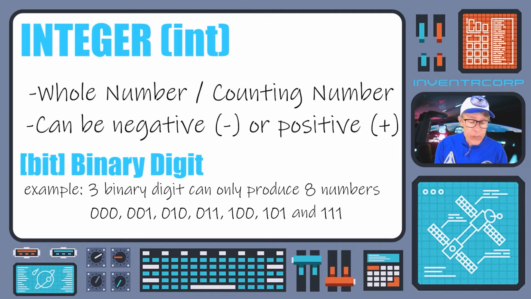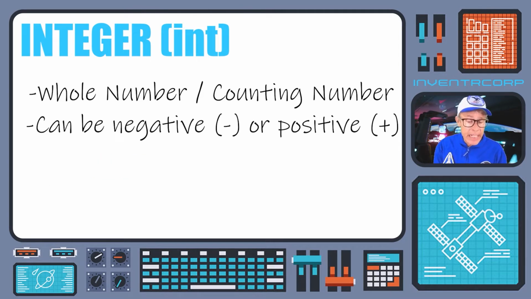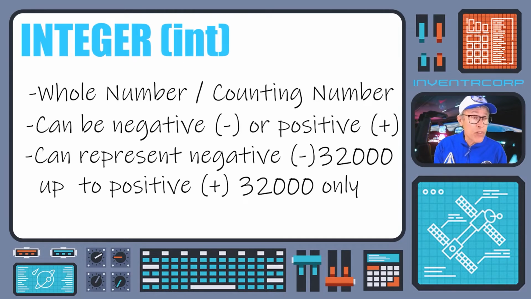Now, as it turns out, an integer, an int here in our code, can represent numbers up to about 32,000, plus or minus 32,000. If we wanted to represent a number bigger than 32,000, say 50,000, we'd need an additional bit.